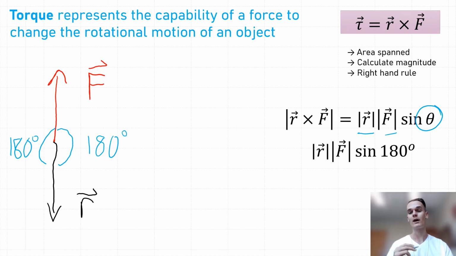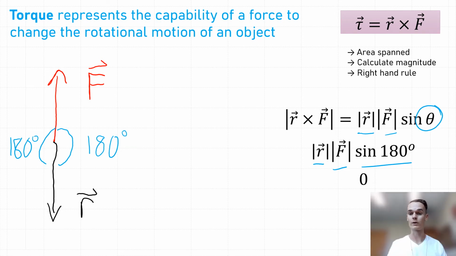The magnitude of our cross product is going to be equal to the magnitudes of our vectors multiplied together, multiplied by sine of 180 degrees, and sine of 180 degrees is equal to 0. So the magnitude of the cross product is equal to 0.